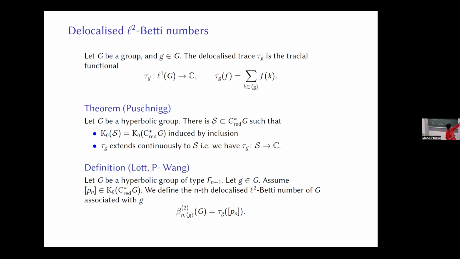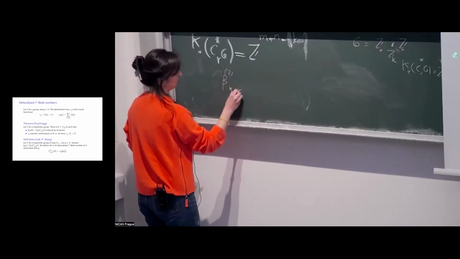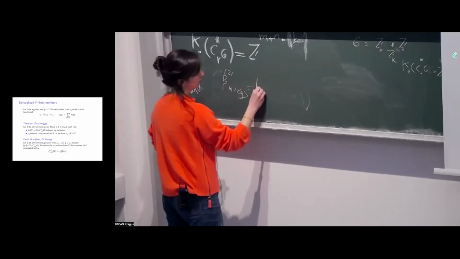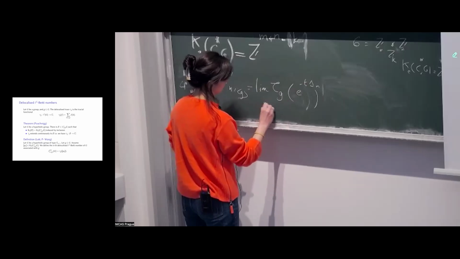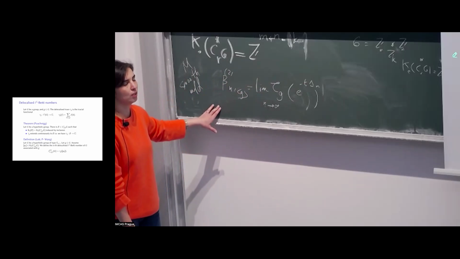I should mention that John Lott introduced delocalized L²-Betti numbers in 1999 for smooth manifolds, and he defined them analytically as a limit of these delocalized traces of e to the power minus delta. So his definition for smooth manifolds was this, and whenever this limit exists, we call that a delocalized L²-Betti number.